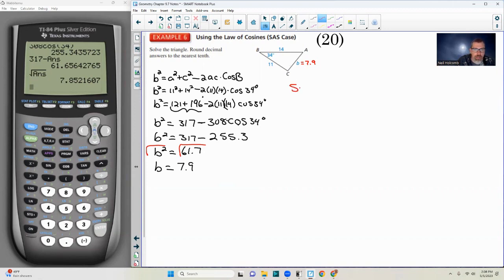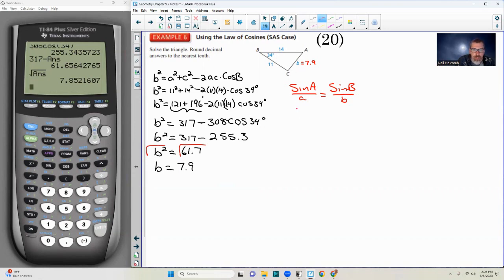So I'm going to say the sine of A over side A equals sine B over B. And the reason I'm doing that is because B was given. Side B, we just found 7.9. Okay, and we substitute our givens.